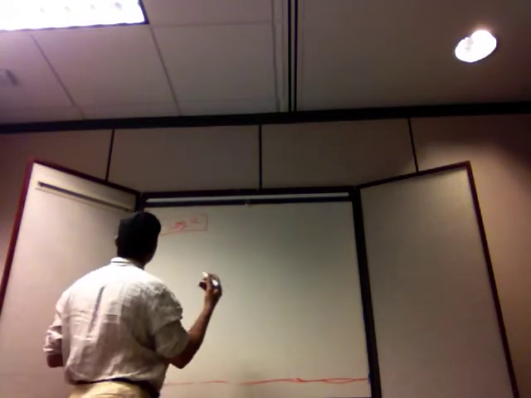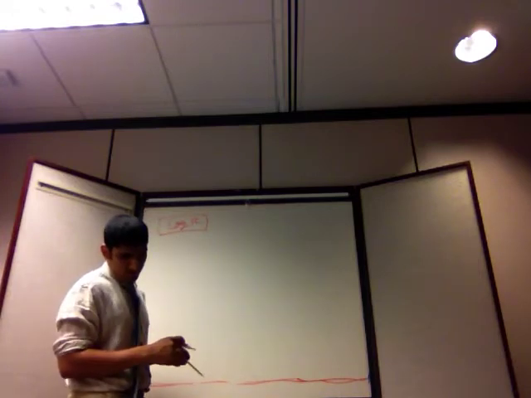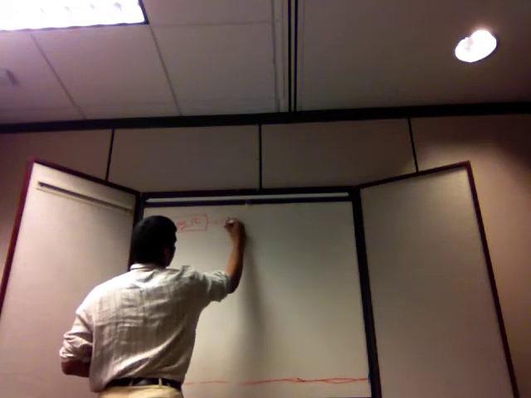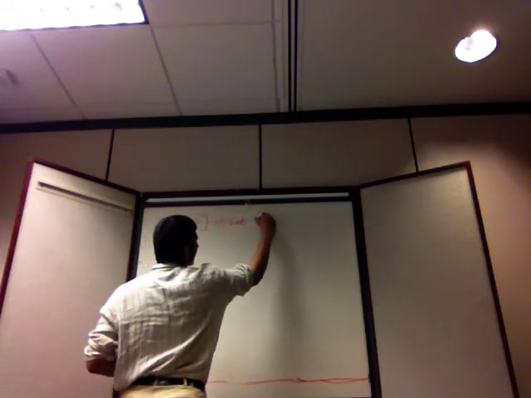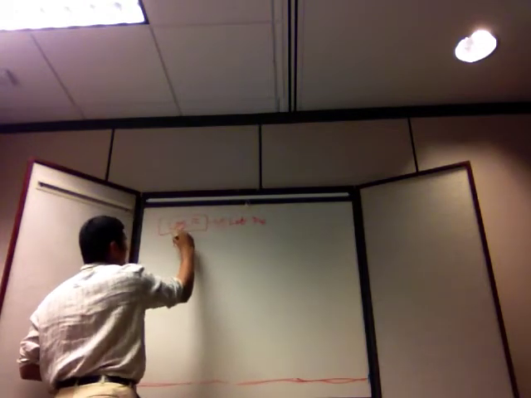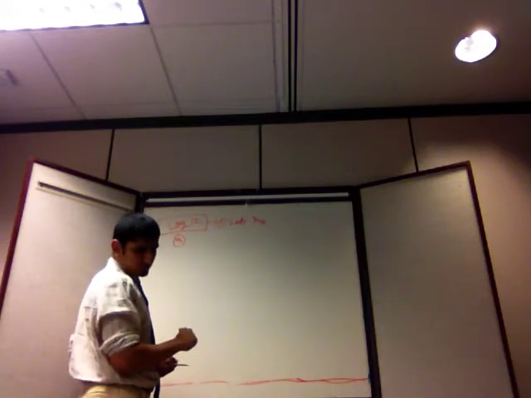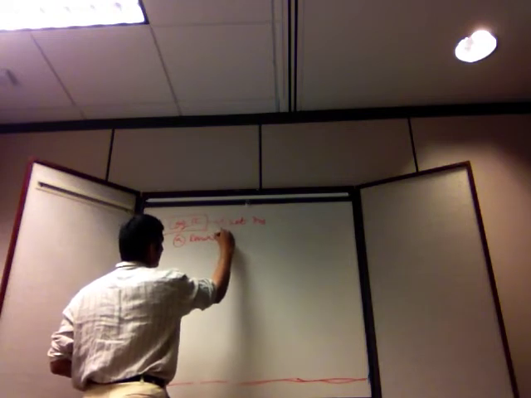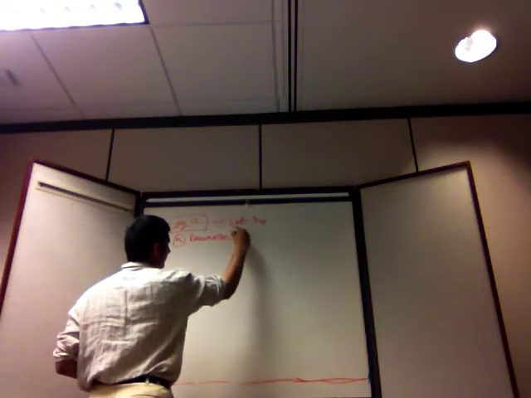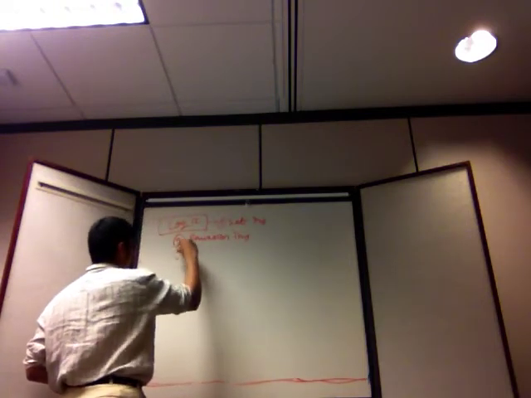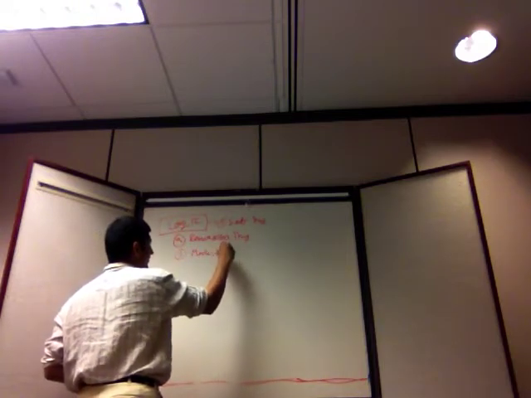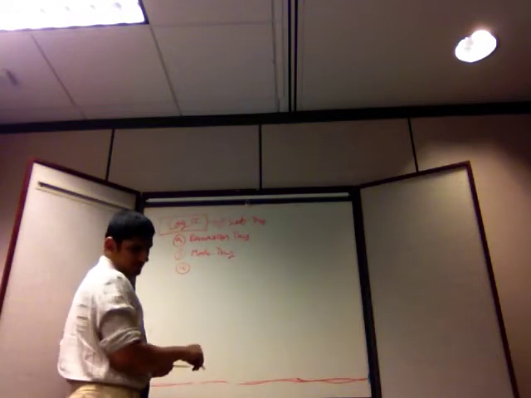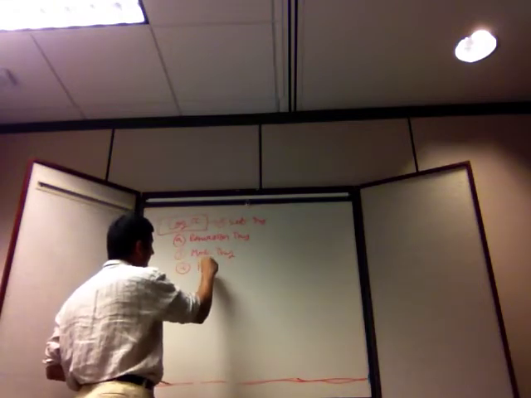There is set theory. There is recursion theory. There is model theory. And finally, there is proof theory.